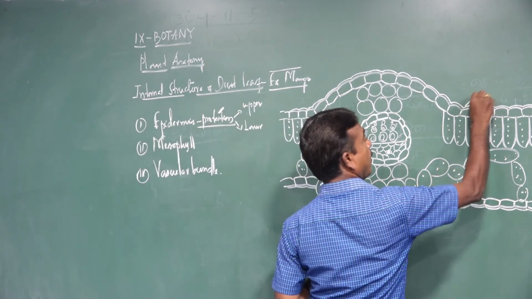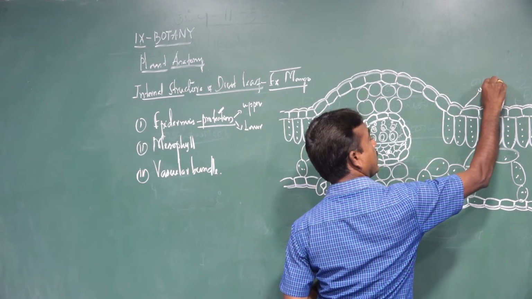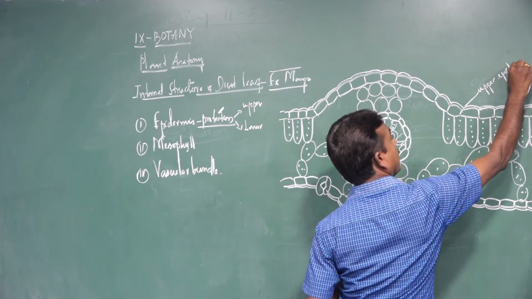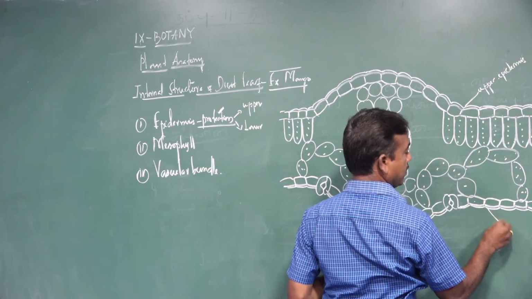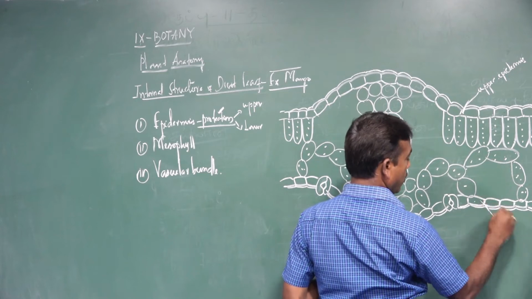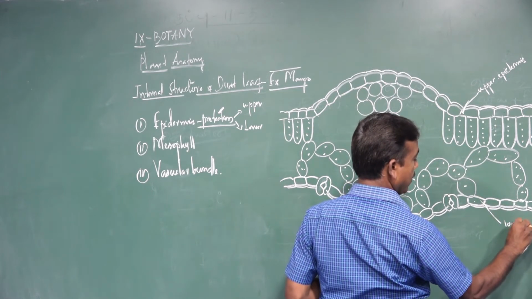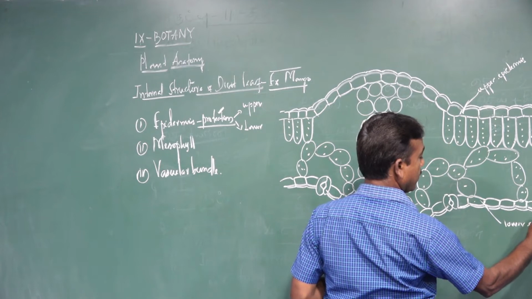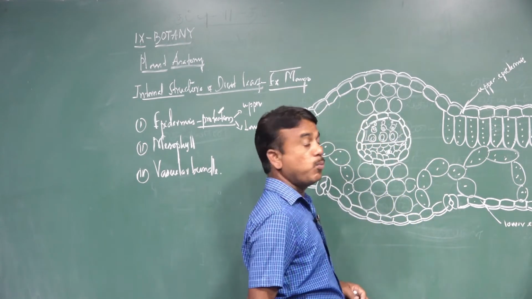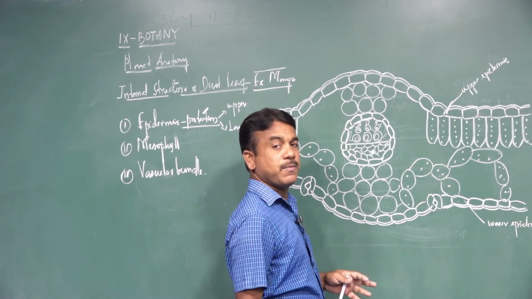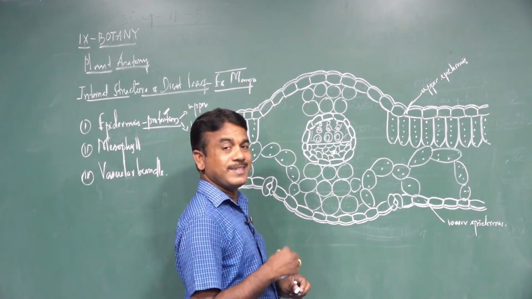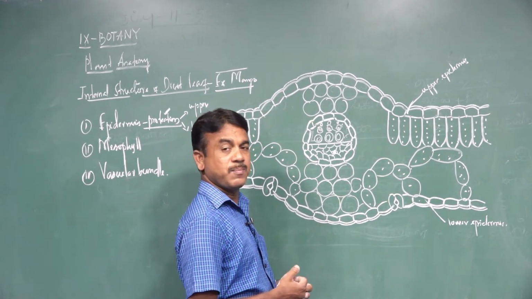This is the upper epidermis. This is the lower epidermis. Both epidermis layers are made up of parenchyma cells. It is a single layer of parenchyma cells.